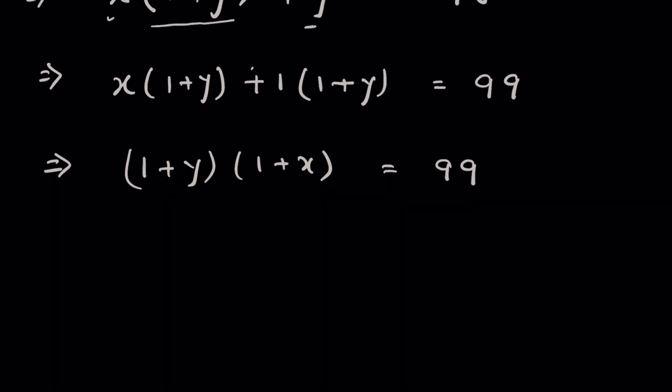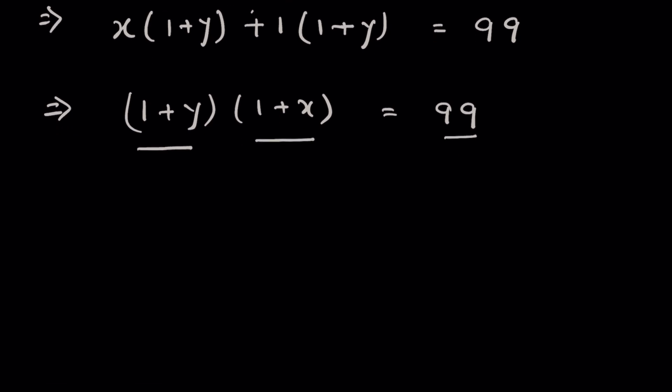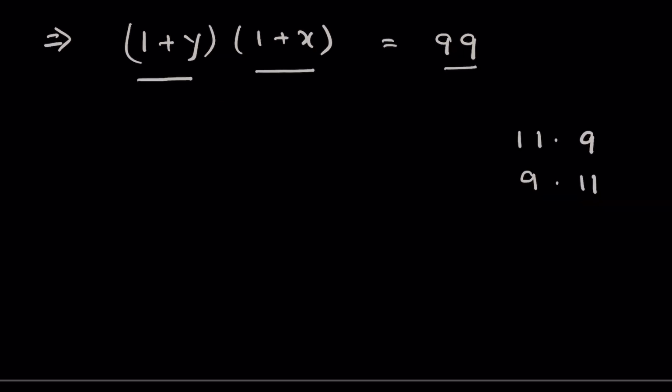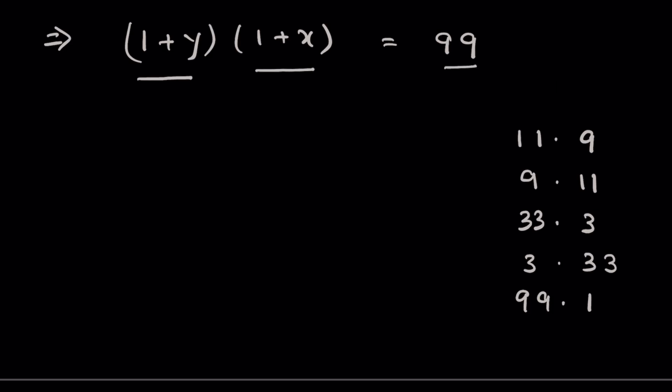Now 99 has two factors, 1 plus y and 1 plus x. 99 we can factorize as 11 times 9 or 9 times 11 or 33 times 3 or 3 times 33 or 99 times 1. Then there are negative factors such as minus 3 times minus 33, but we have to take only positive integers.